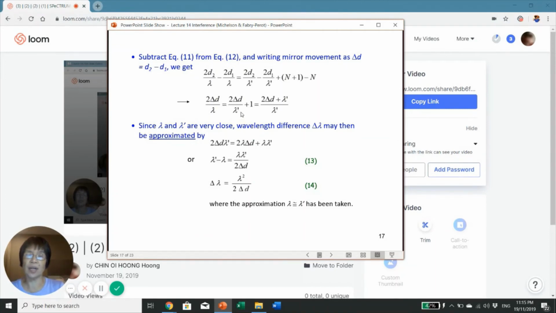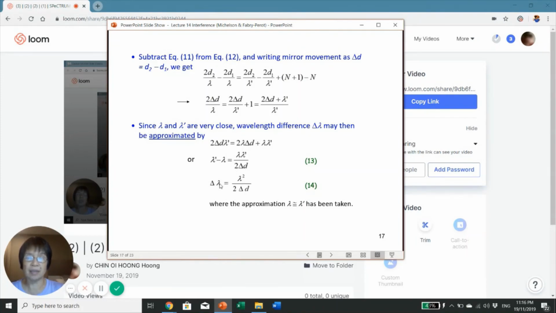Bring your lambda prime up here, then equate it to 2 delta d, bring your lambda up here, plus lambda prime lambda. Or we can write, now this is common, so lambda prime minus lambda, bring over here, equals lambda prime divided by 2 delta d.